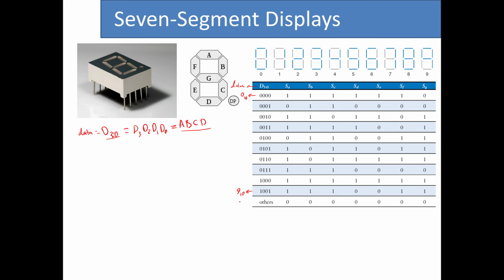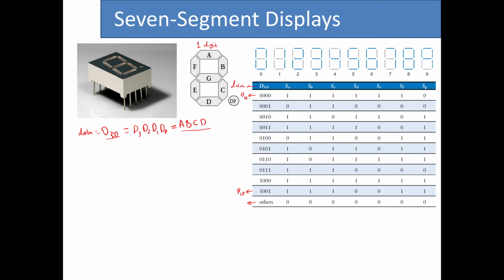And since this is only using to show 1 digit, in 1 digit you can show values between 0 and 9, right? So that's why in this truth table I only show from 0 and 9. And for the rest, I consider the 7-segment display to be completely off.